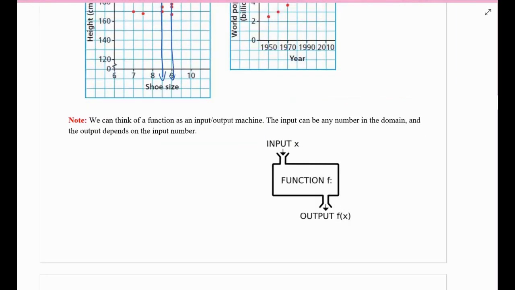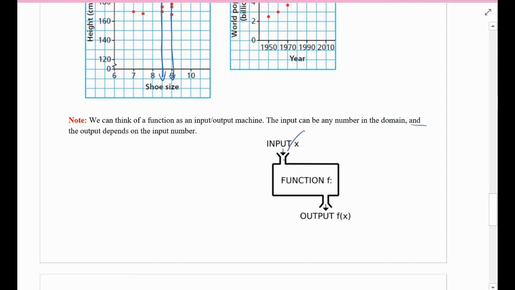Let's move on. Note, we can think of a function as an input and output machine. The input can be any number in the domain, and the output depends on the input number. Okay? So when you plug an input value in the machine, output is coming out.